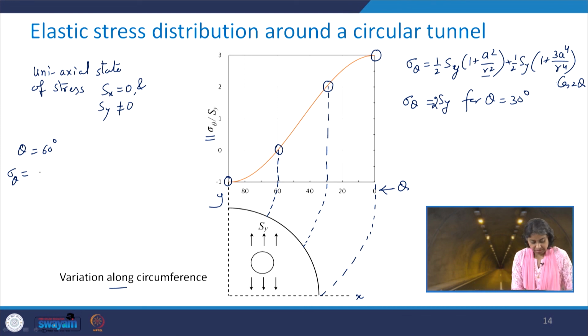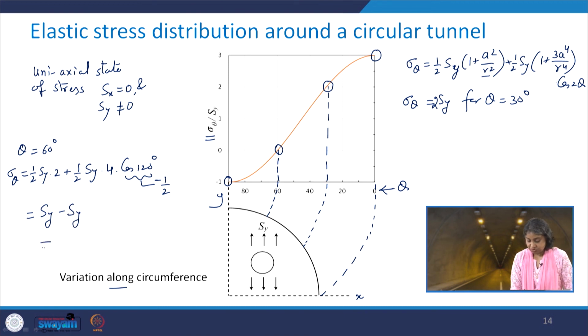The first term is going to be half Sy into 2, and the next term is going to be half Sy into 4 into cos of 120 degrees, which is half with a negative sign. So, what does this give us? This is going to be Sy and this is also Sy, with a negative sign, so this becomes equal to 0. This is what we are getting in the variation.